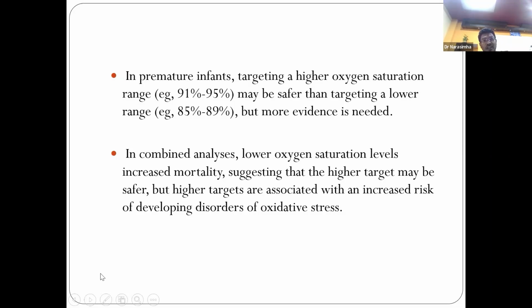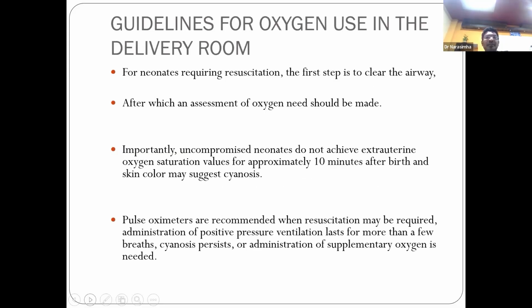I will be presenting one study. It says that the risk is 33.3% when you use a low oxygen saturation, but it comes down to 26% when you use high saturation points in premature infants. The next slide: what are the delivery room guidelines for oxygen use?